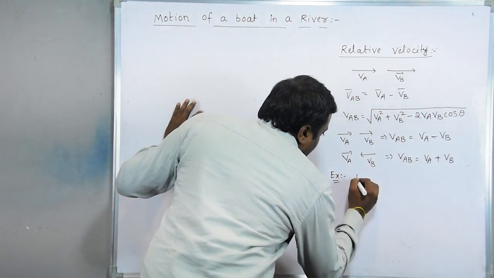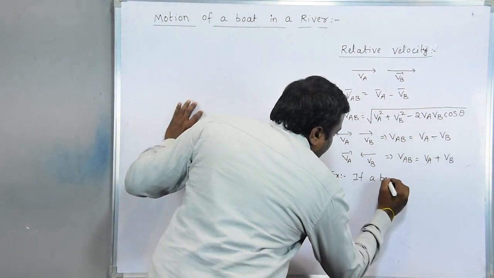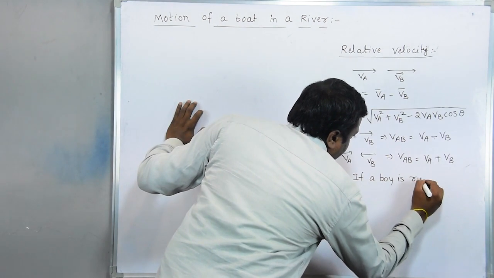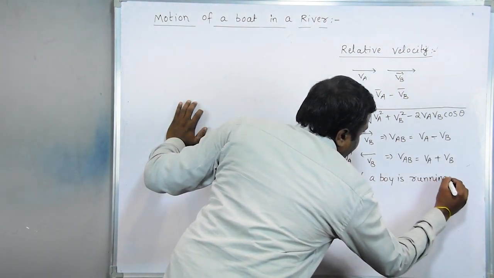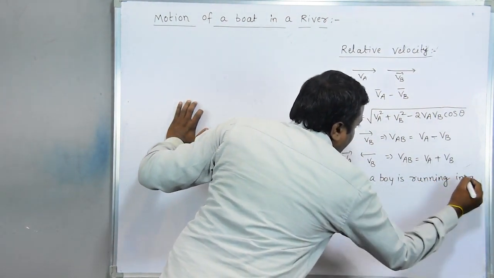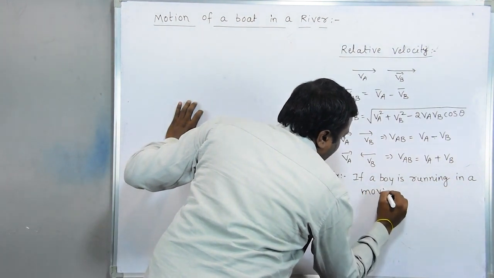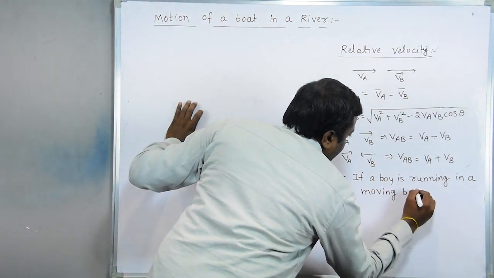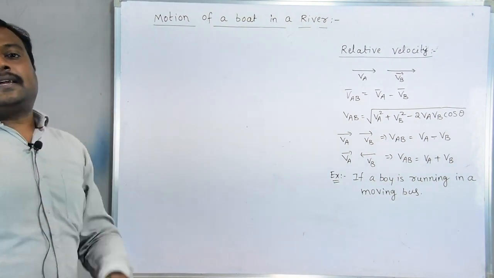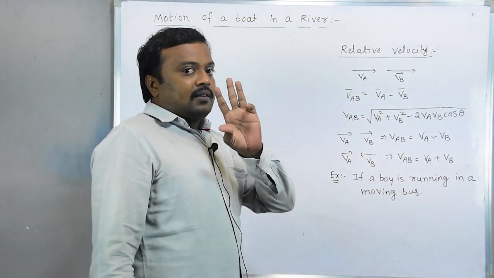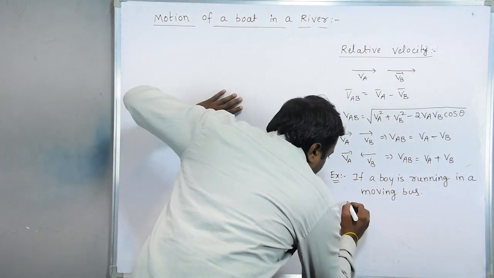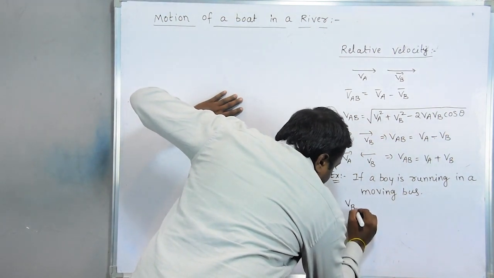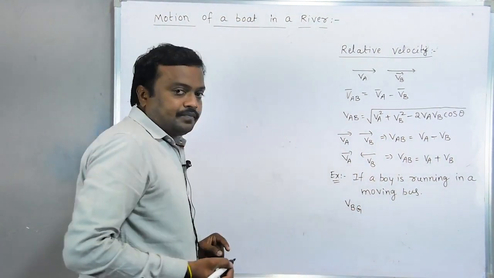Suppose a boy is running in a moving bus. See, if a boy is running in a moving bus, here three terms are required. One is velocity of bus with respect to ground.